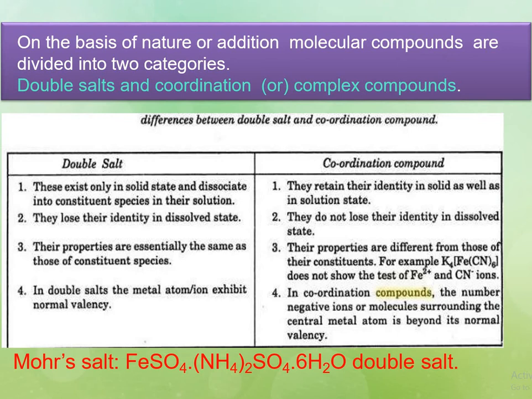In a double salt, they lose their identity when dissolved. Coordination compounds do not lose their identity when dissolved. So, here are the differences. Dear students, you can note that. Mohr's salt, which is one of the very important parts of your practical, the ferrous ammonium sulfate with 6 water of crystallization, is a double salt.